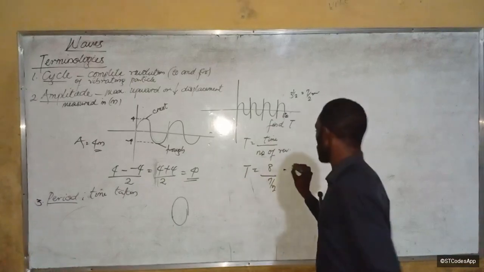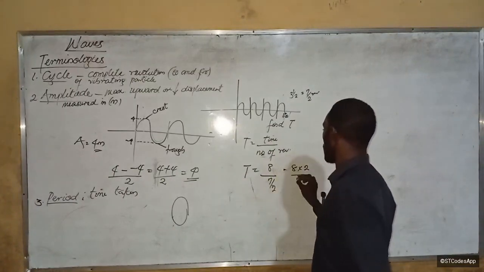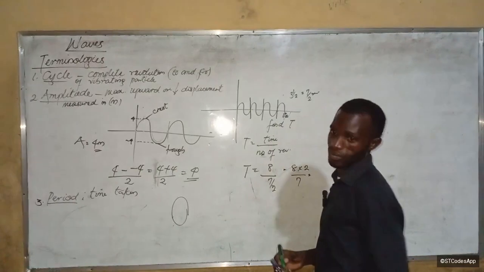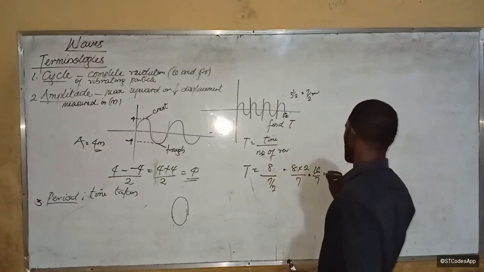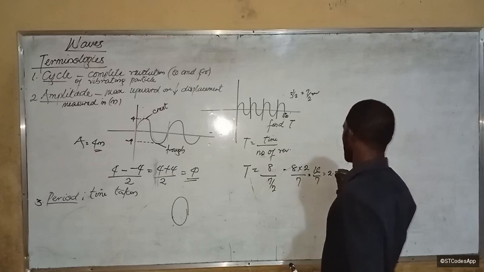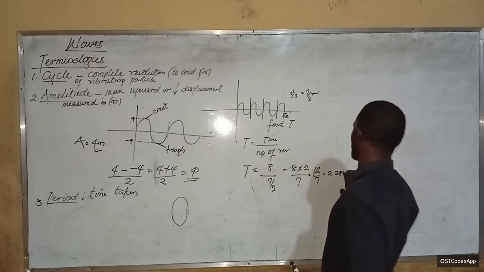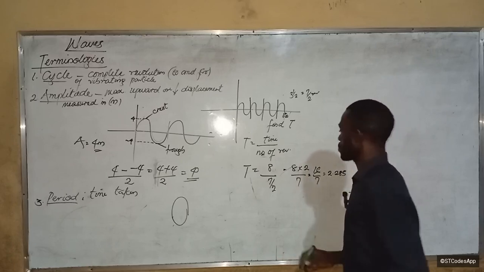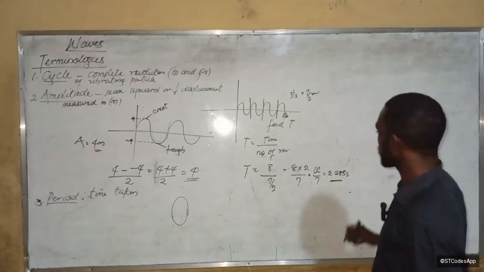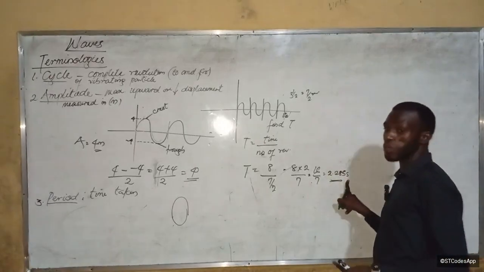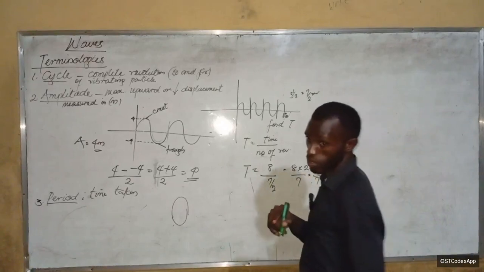So this becomes 8 times 2/7. That is 16 divided by 7, which is 2.285. Okay? So this will be in seconds. This will be the period taken to complete one cycle.